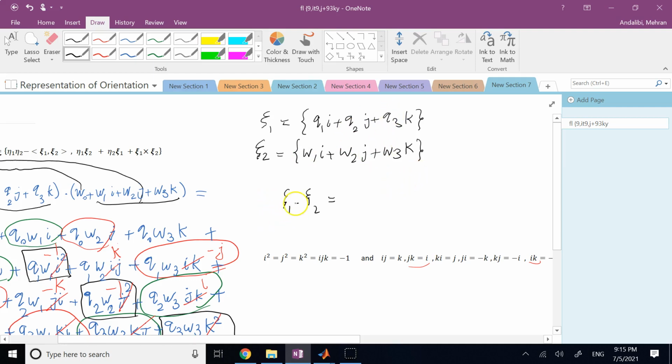But here, it's not an actual dot product. What you do when you do this, still like you are doing element by element, but the whole element, so you will get Q1 W1 I squared plus Q2 W2 J squared plus Q3 W3 K squared. And you know that I squared, J squared, and K squared, they're all -1.